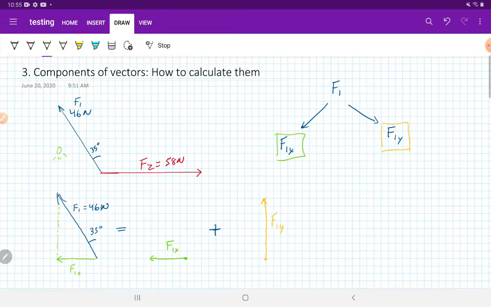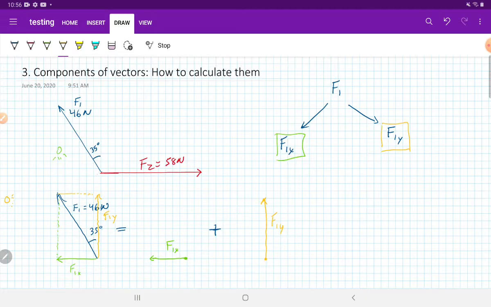Likewise, if I want to find the y component, I would imagine there's a sun really far away and it produces a shadow in the y direction, and I would have something like this, and that would be my force 1 in y. So graphically, that's the way to look at it.